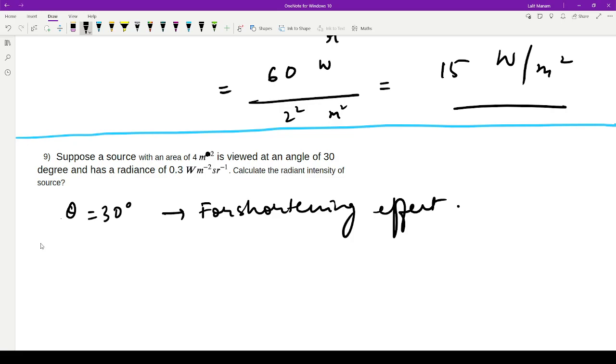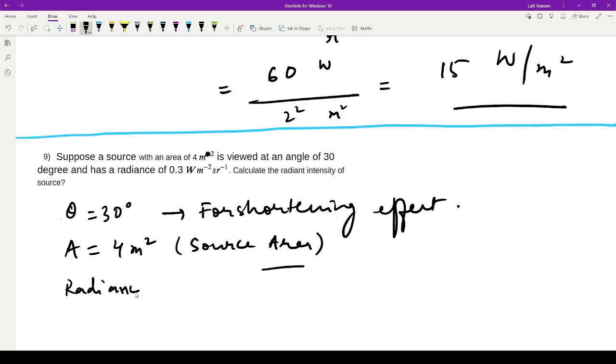Given this, we have source area as 4 meter square, and radiance, which is denoted by L, as watt per meter square steradian.